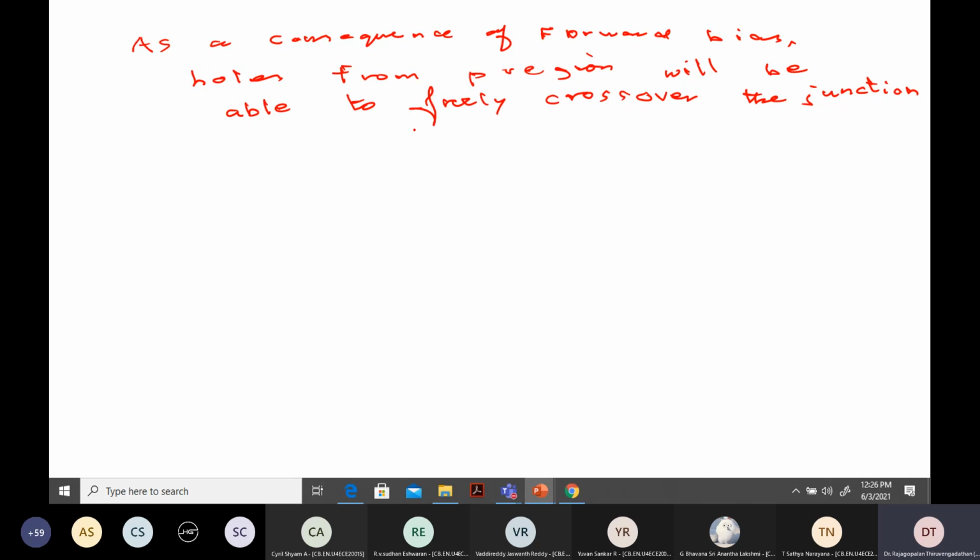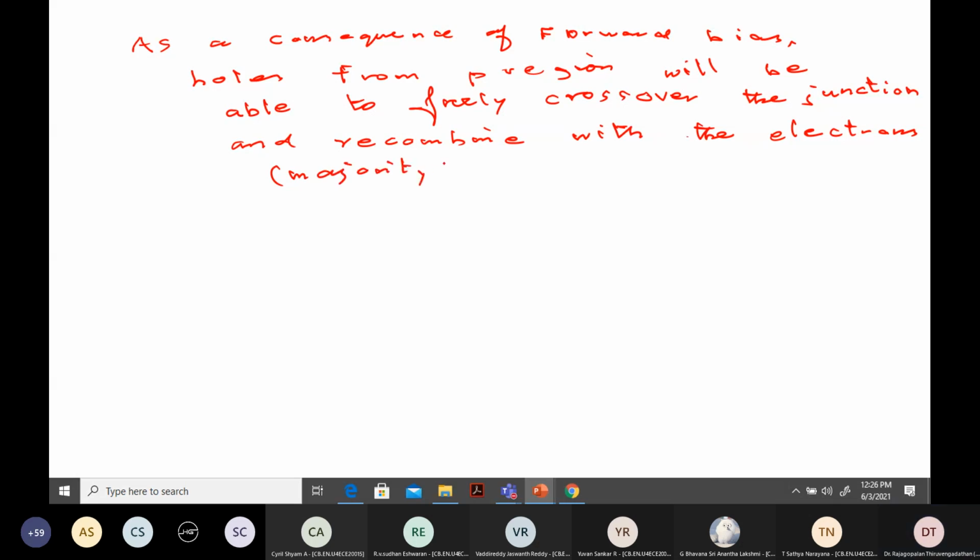So as a consequence of forward bias application, holes from the P region will be able to freely cross over the junction and recombine with the electrons, which are the majority carrier in the N region.